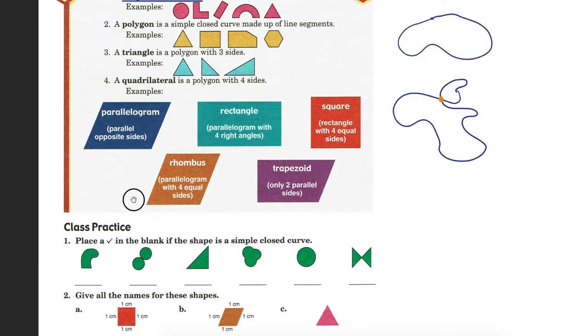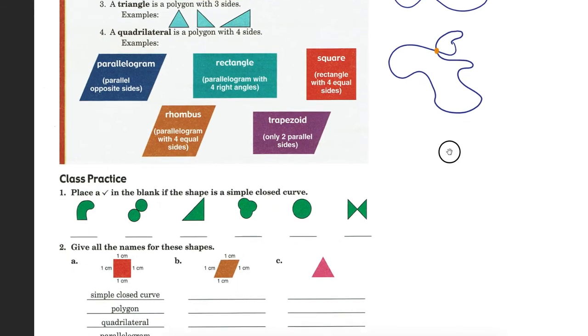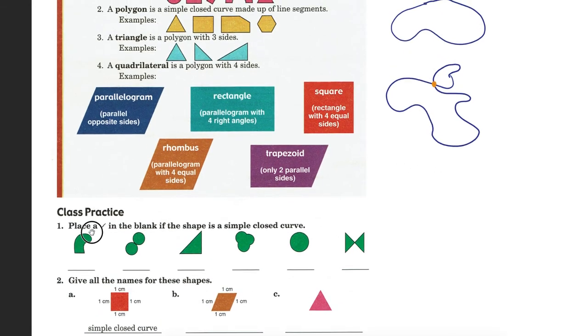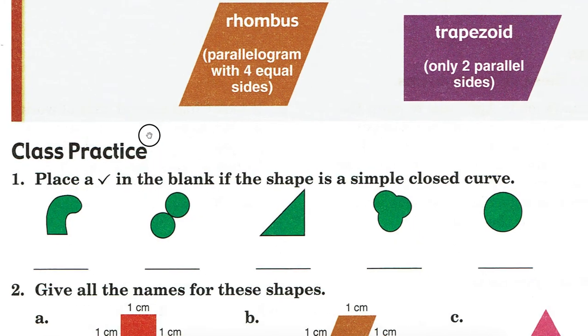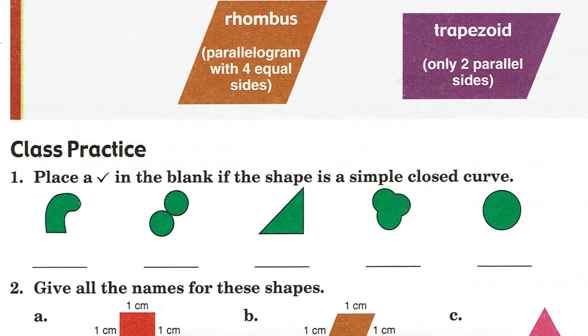So this shape right here, is this a simple closed curve? Let me zoom in a little bit more. Do any of these lines ever cross each other? No. If I drew the shape, will I end where I began? Yeah. So yes, this is a simple closed curve.